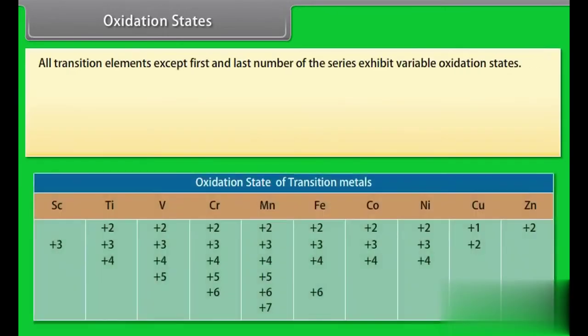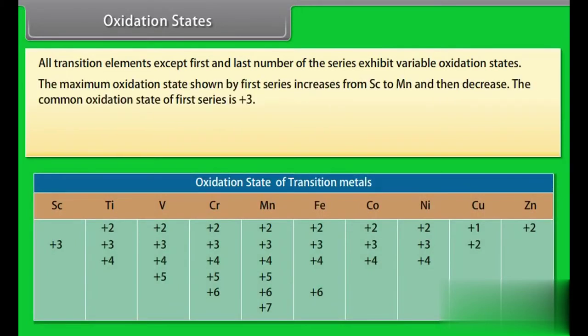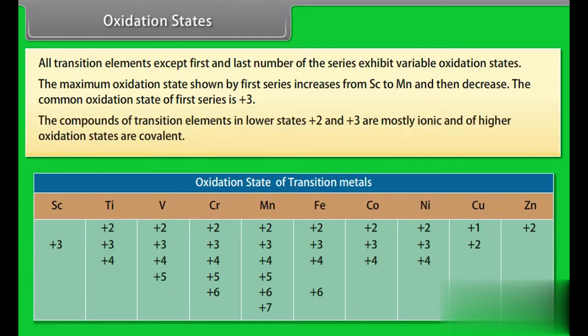All transition elements except the first and last member of the series exhibit variable oxidation states. The maximum oxidation state shown by the first series increases from scandium to manganese and then decreases. The common oxidation state of the first series is +3. The compounds of transition elements in lower states +2 and +3 are mostly ionic and of higher oxidation states are covalent.